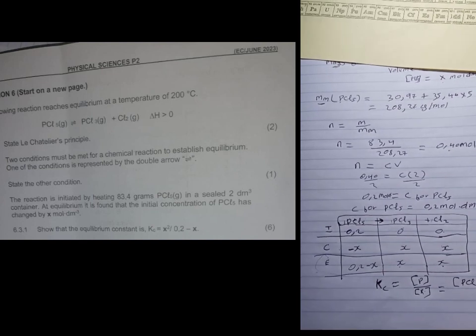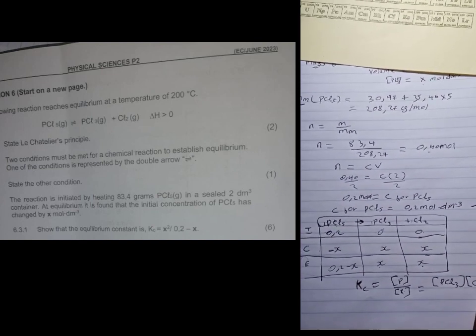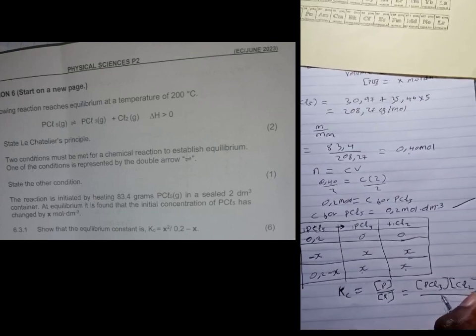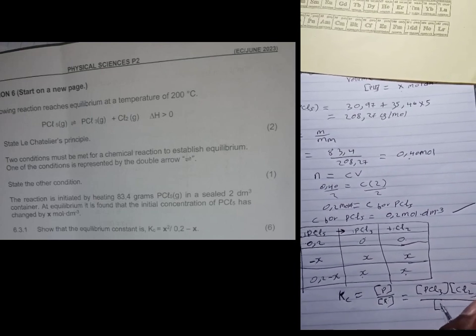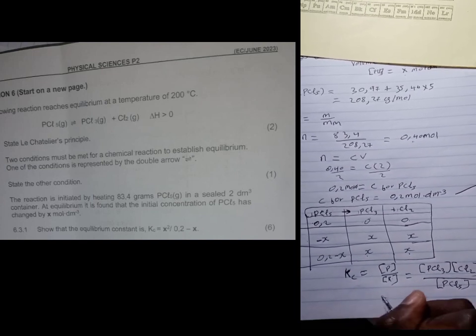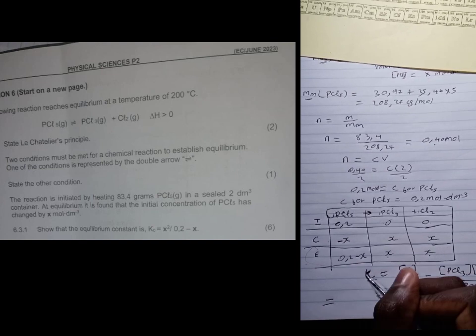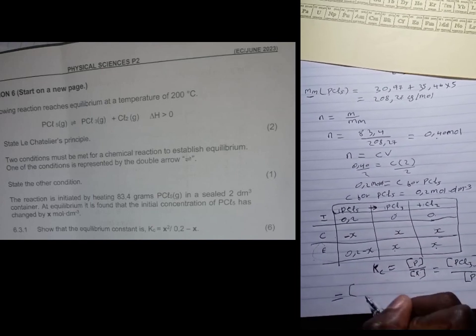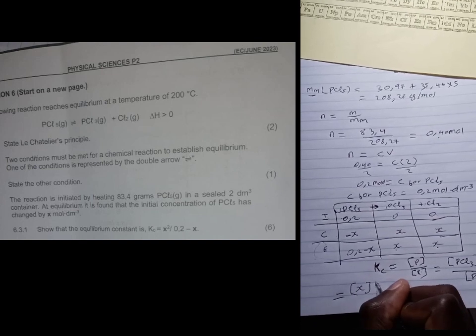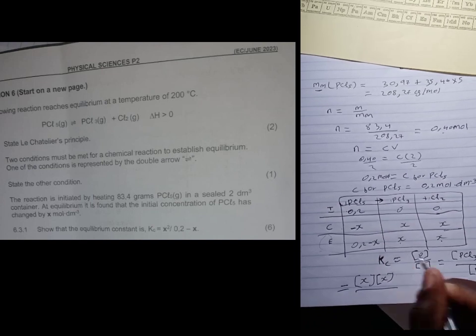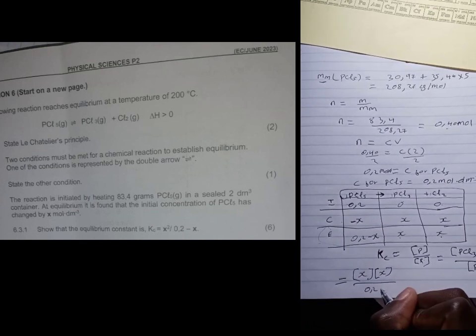This bracket means concentration. Let me put it here because I'm running out of space. The concentration is x and another x, over 0.2 minus x for the reactant.